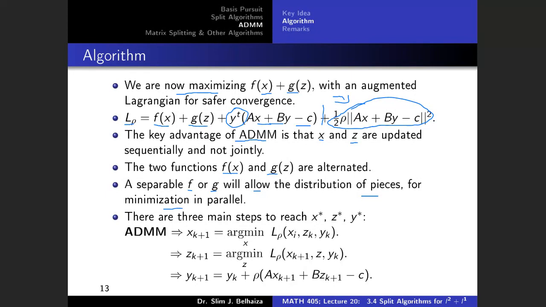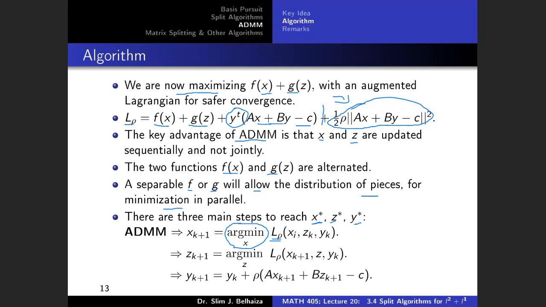There are three main steps for each of x hat, z hat, y hat, which is our target, the optimal solution. First of all, when we write argmin with respect to x, it means that we are looking for the minimum of L rho here.